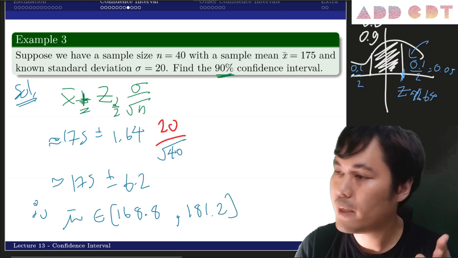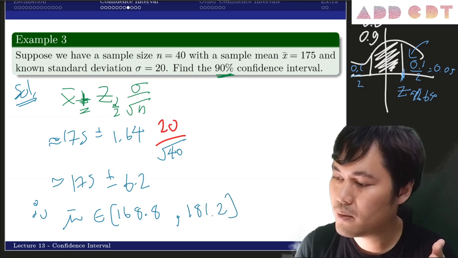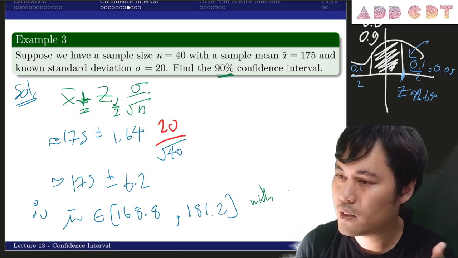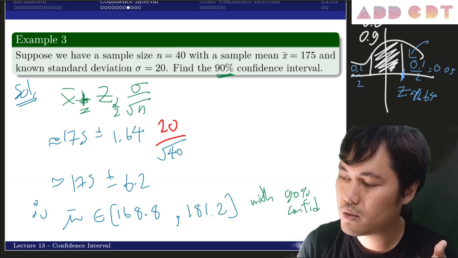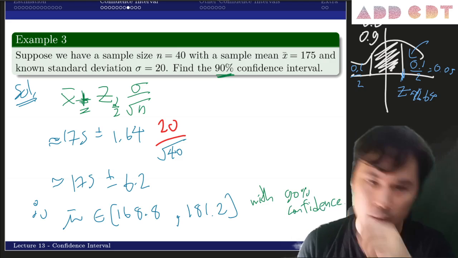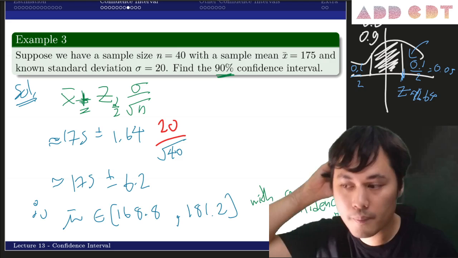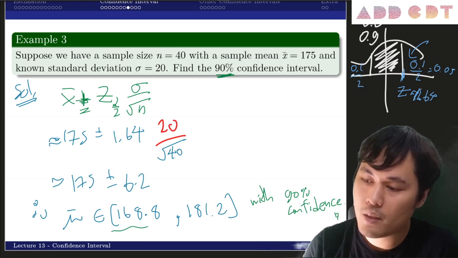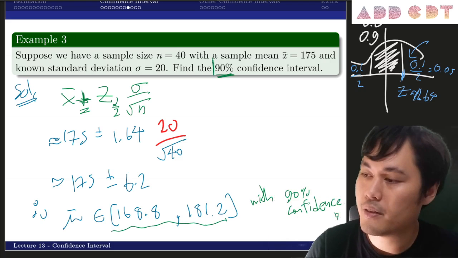And then we have to add with 90% confidence, and that's the answer.